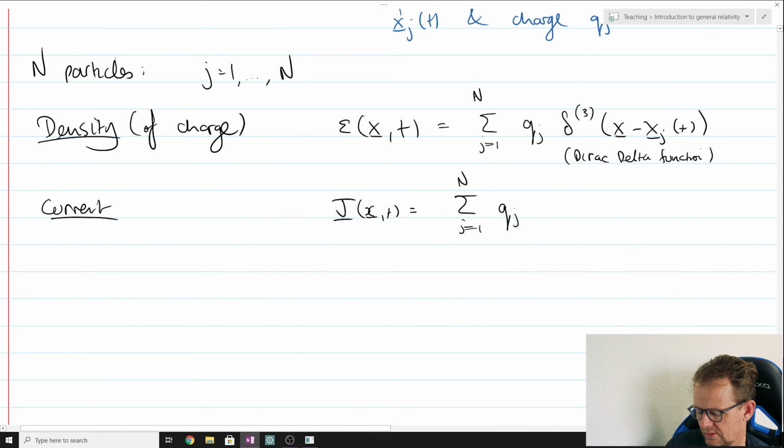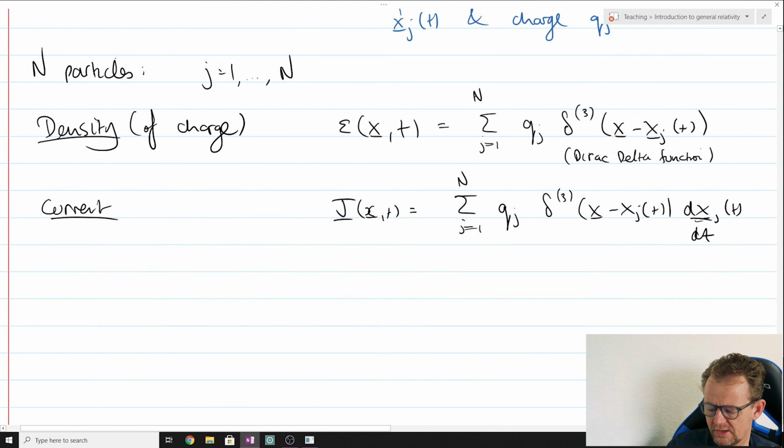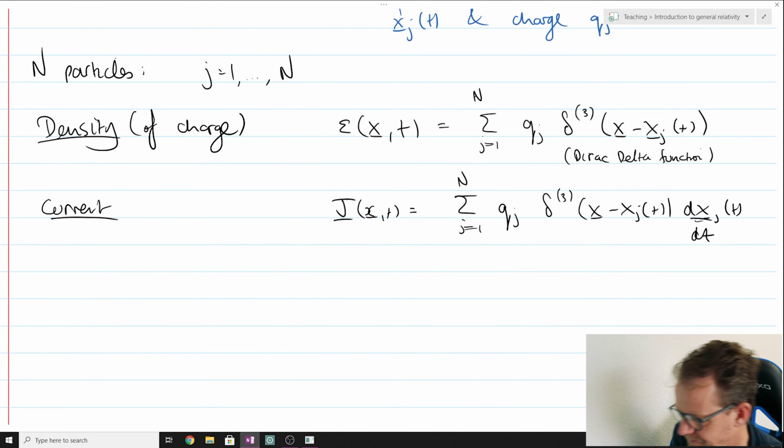So it's given by the following expression, where now we also include the velocity of these particles. So we multiply the charge by the velocity and multiply that by a Dirac delta function where the particle is, and that gives us the instantaneous velocity vector of this charge, or the instantaneous current vector of this point particle with charge qj.